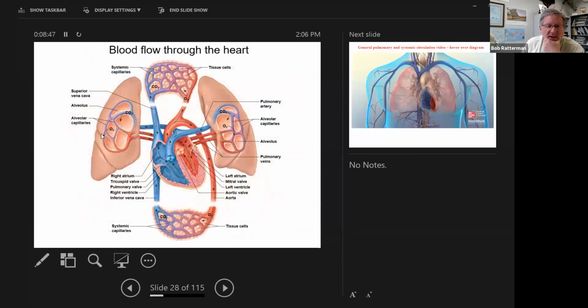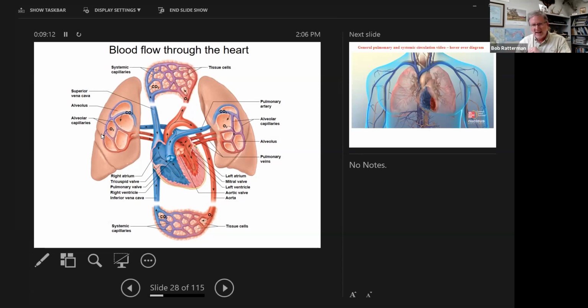This is a figure that came from one of the exercises we looked at in lab today. Remember, this is showing both pulmonary and systemic circuits, just the general layout. This is an excellent diagram to look at. It has the heart anatomy. It shows the pulmonary and systemic circuits in a very general way.